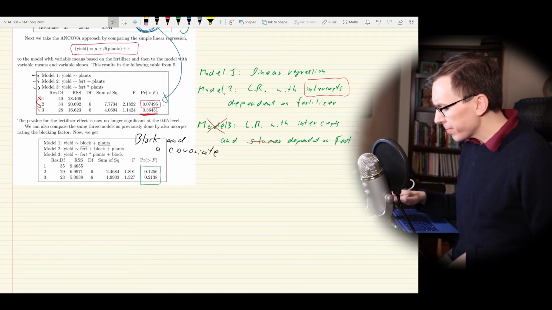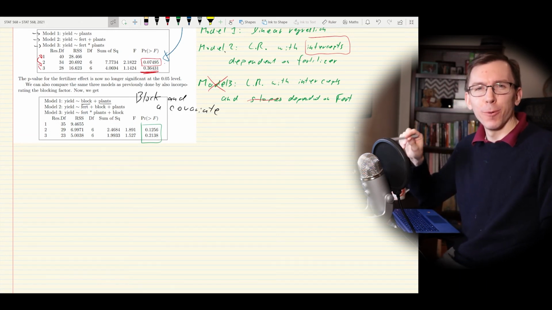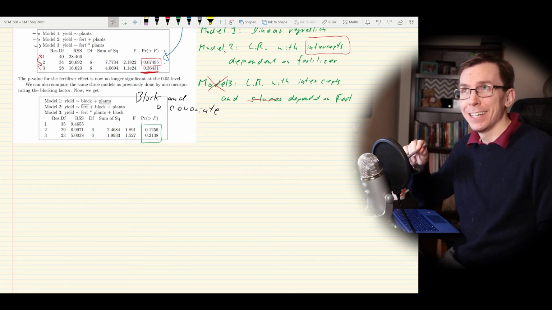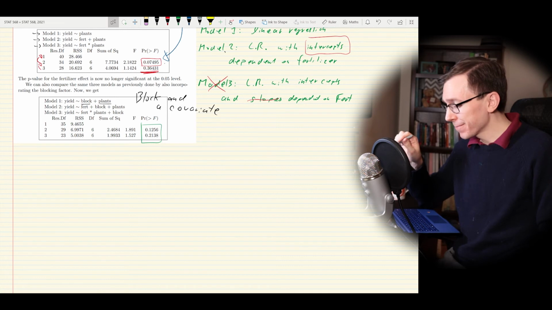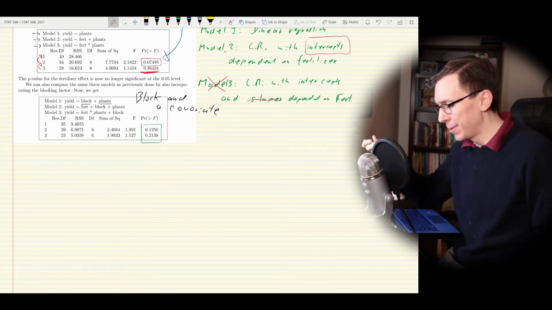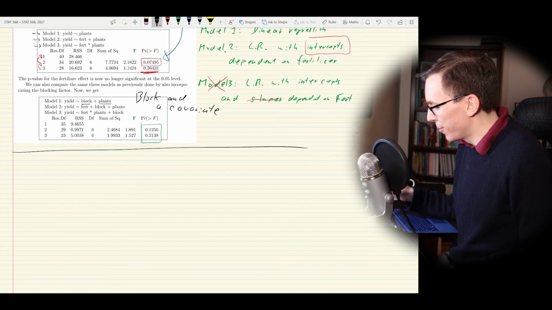If you were reading along in my lecture notes, before I included this example, I had a warning saying the order that you type in the factors in an ANCOVA model will change the p-values that you get out in the F table. And that's something you have to be really careful about when you type in summary and you get an ANOVA table. It's something that we could brush under the rug before.